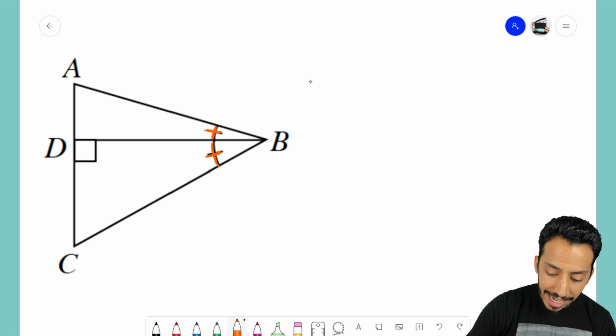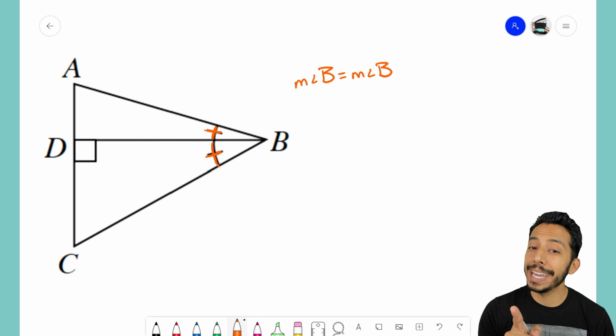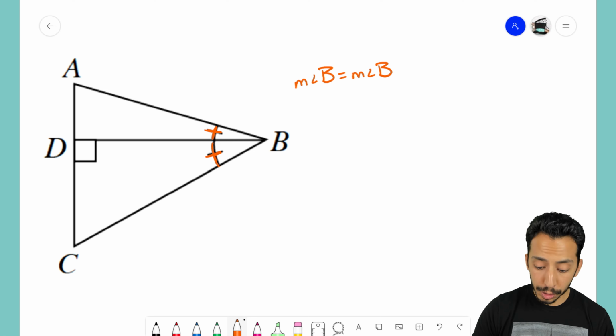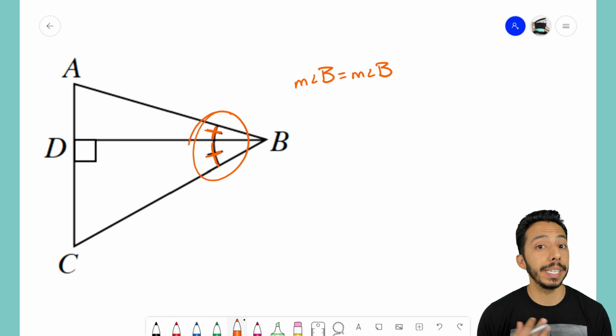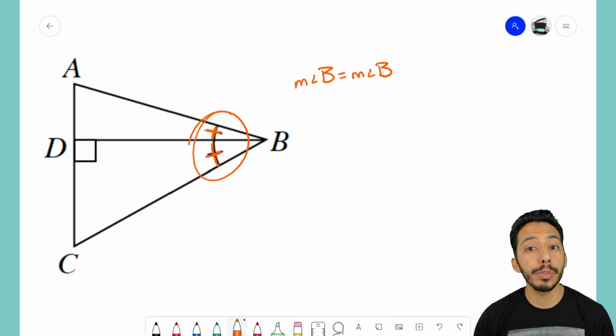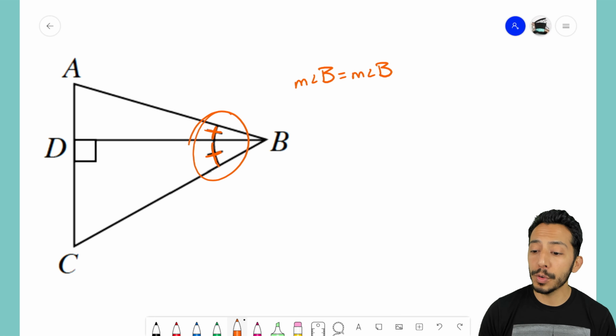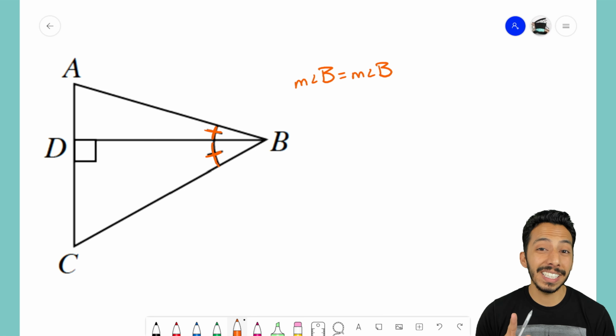To write that in, I cannot say that the measure of angle B equals the measure of angle B. I can't do that because there are two angles here at B. I don't know what angle you're referring to. So we have to be careful when we're writing these out, because if I see two angles at one point, I can't just say B equals B.